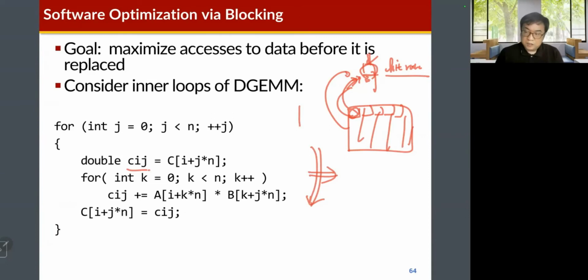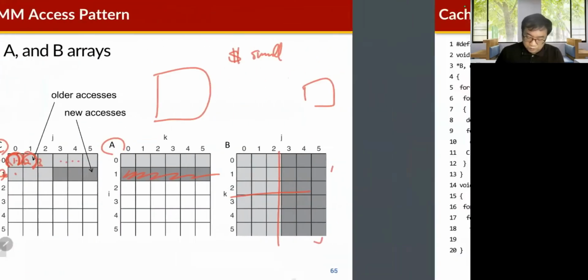If we use a simple matrix multiplication algorithm and the size of the matrices is increased, then the whole elements of these matrices cannot be stored in the small cache.